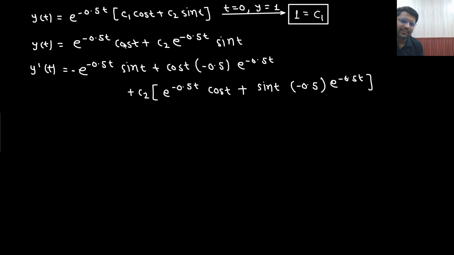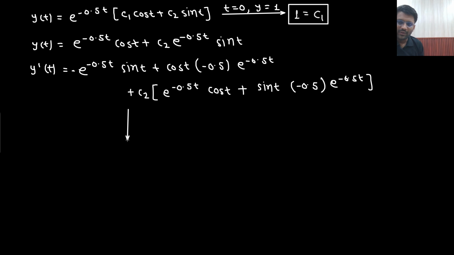So this one as it is, differentiation of cos t will be minus sin t, plus cos t as it is, then differentiation of e to the power minus 0.5 t would be e to the power minus 0.5 t multiplied with minus 0.5, then c2 e to the power minus 0.5 t as it is, differentiation of sin t will be cos t, plus sin t as it is, and then this.